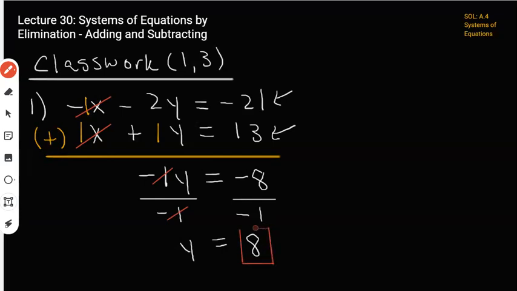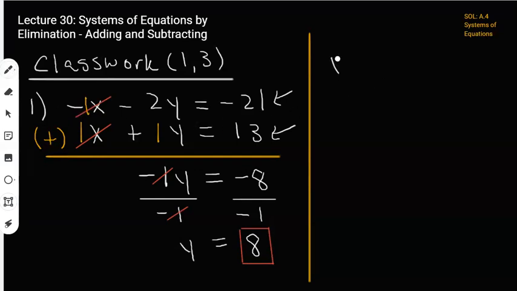That's good. But I still need to figure out what x is. To do that, you need to back substitute. You can choose the top equation to plug back into, or you can use the bottom equation to plug back into. And I usually choose whichever one is easiest, so I'm going to choose the bottom equation.